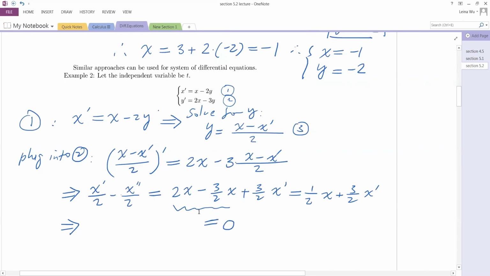So I'm going to keep the higher order derivative, which is negative x double prime over 2. And then the first order derivative, x prime over 2 minus 3 over 2 x prime, which is minus x prime. And also move this 1/2 x to the left-hand side, so minus 1/2 x equals 0, right?